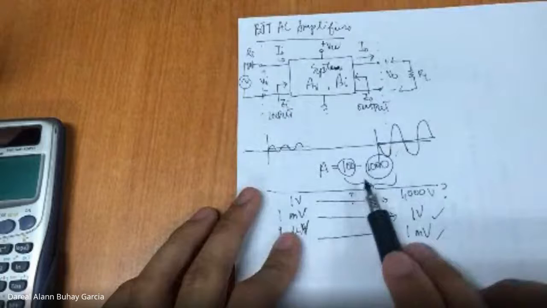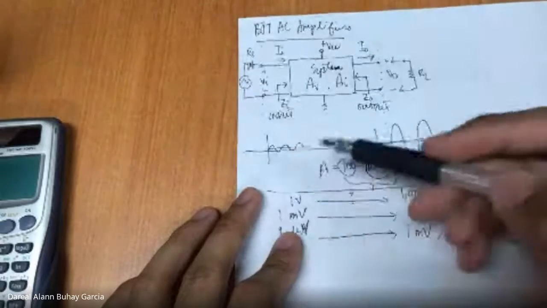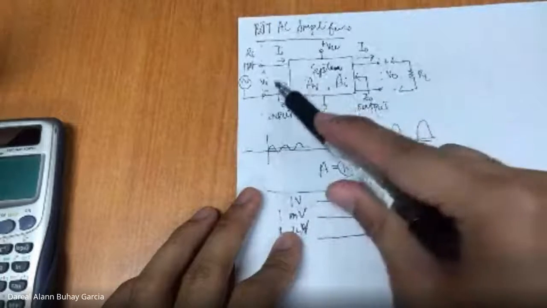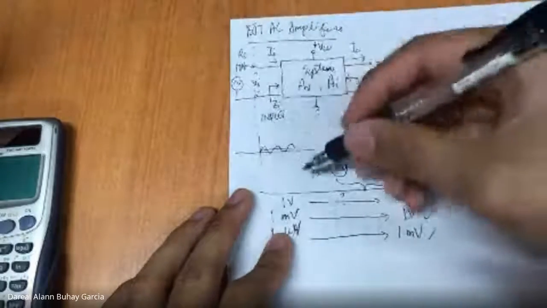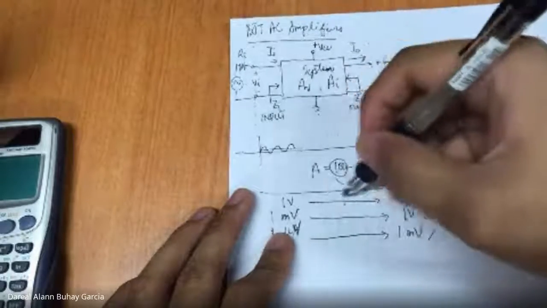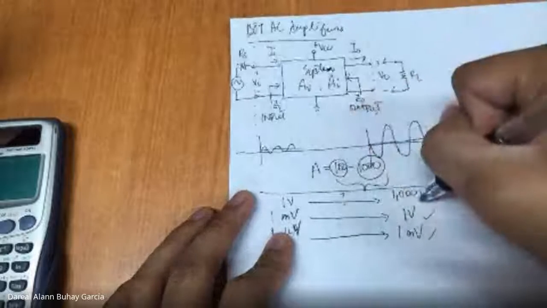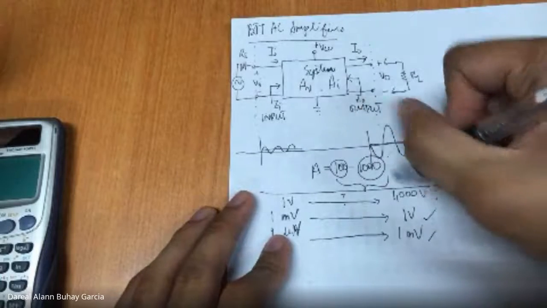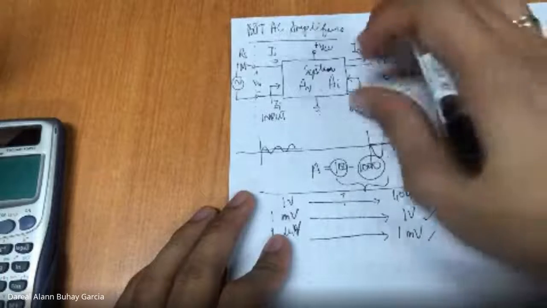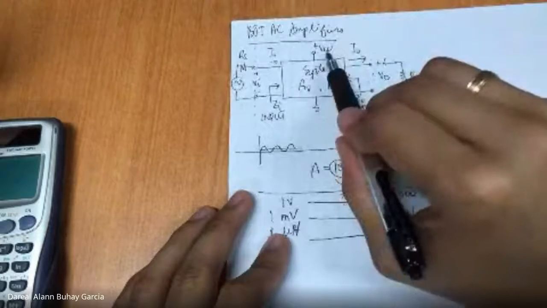Example, in this case, input ko na ito nag 1 volt, di pa man madaot ang transistor na to kung 1 volt ang input signal, no? 1 volt. Pero, ang output ani is not anywhere 1,000 volts, but the saturation voltage, no? Siguro, maximum voltage nga pwede mo gawa sa output, which is the VCC. No?